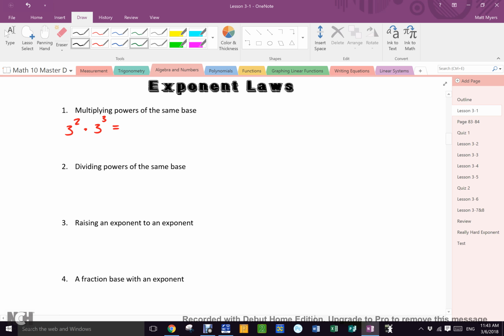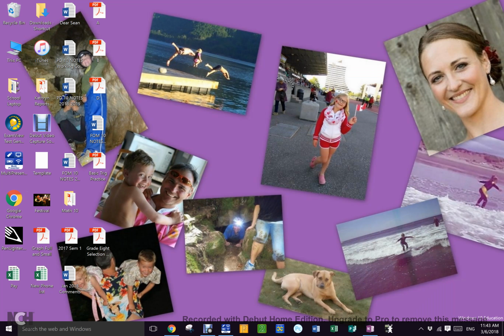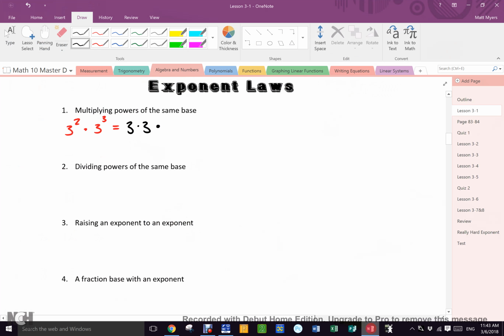What does this 3 squared really mean? 3 times 3. So that means I got 3 times 3 times, what does 3 cubed really mean? 3 times 3 times 3.